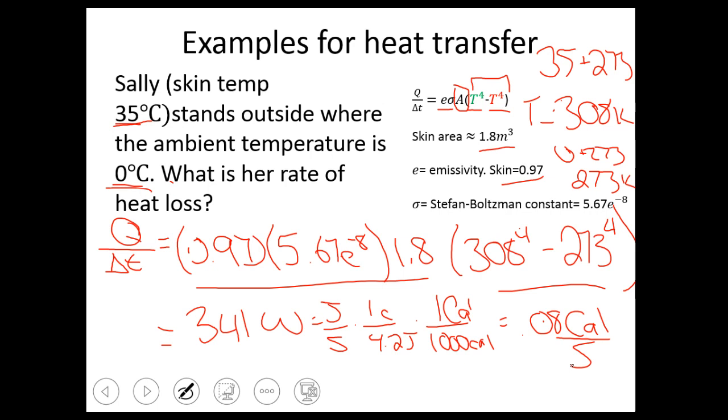And so when I told you guys the other day in class that you actually burn more calories in colder weather, well, this is why, because your body is struggling to maintain its internal temperature.